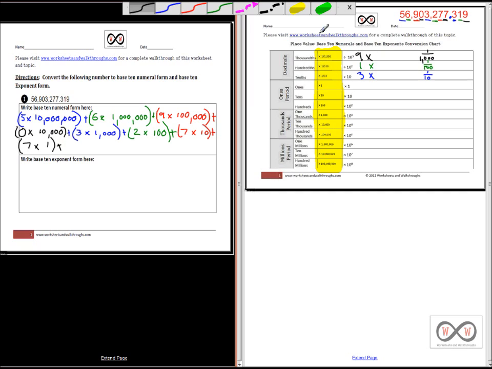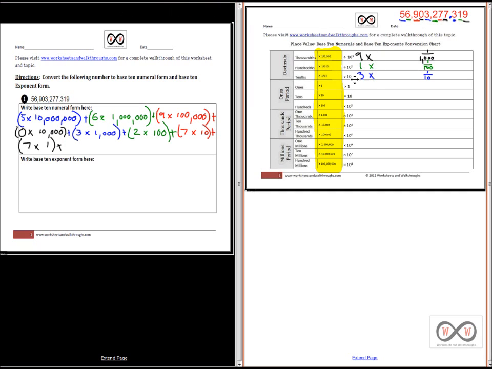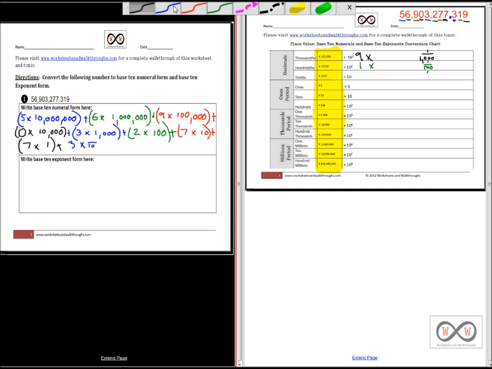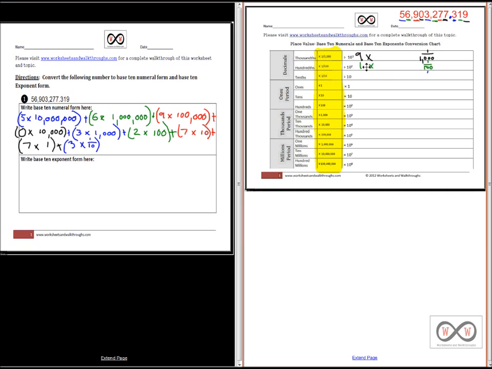Plus, now we get into our decimals. And you'll notice that these are multiplied by a fractional value. 3 times 1/10. All right, we lost our numerator there. Okay, so now we'll add on the digit 1 times 100th.